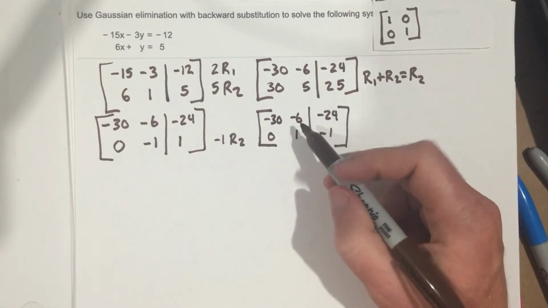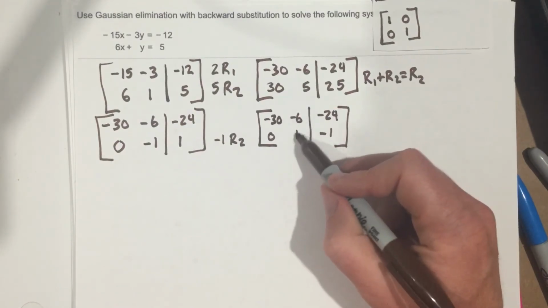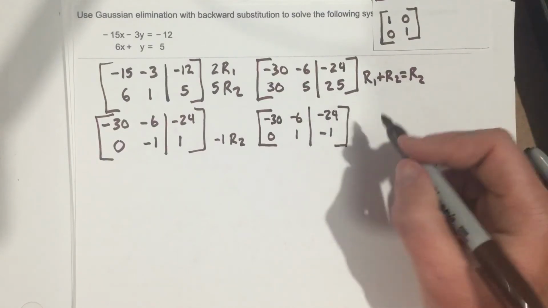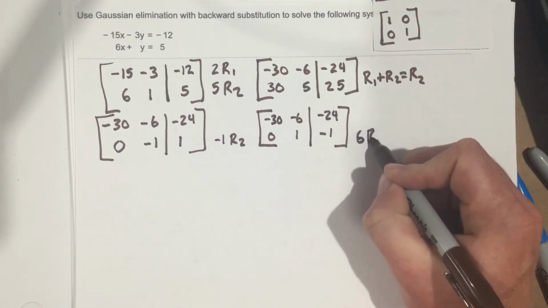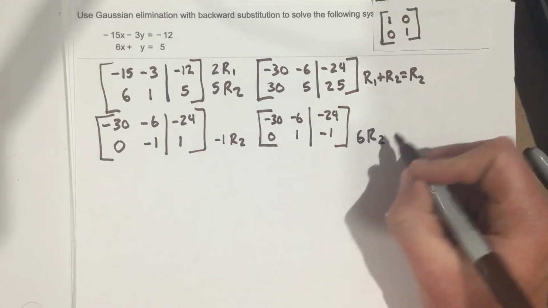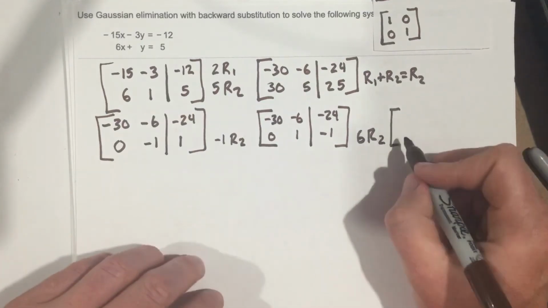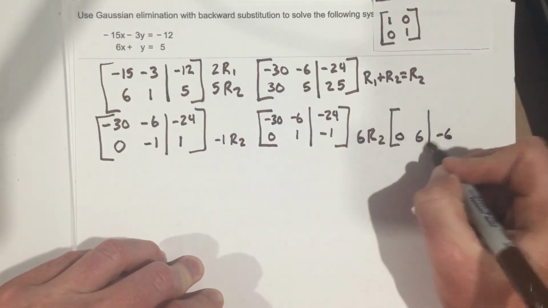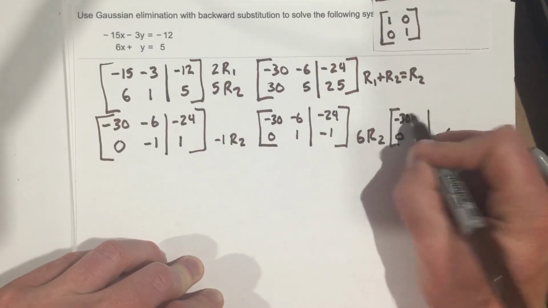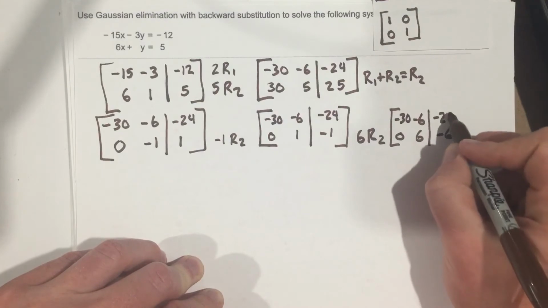Now I just need to cancel this top term right here, and I've got this 1 here, so I can multiply the bottom by 6. I'm going to say 6 times row 2, and I can rewrite that. When I multiply that, I get 0, 6, negative 6. The top is still the same, negative 30, negative 6, negative 24.